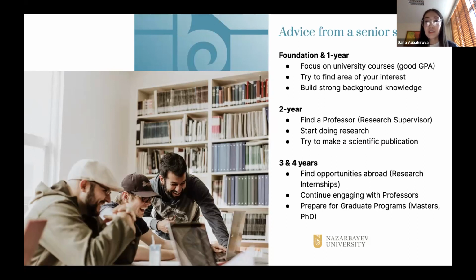And finally, you can continue engaging with professors from your department and prepare for graduate programs if you want to pursue graduate studies, or if you just want to work in industry, you can start looking for some internships and maybe preparing for the interview, because often mock interviews are organized by the Career and Advising Center. You can take this opportunity and start preparing to be hired after graduation.